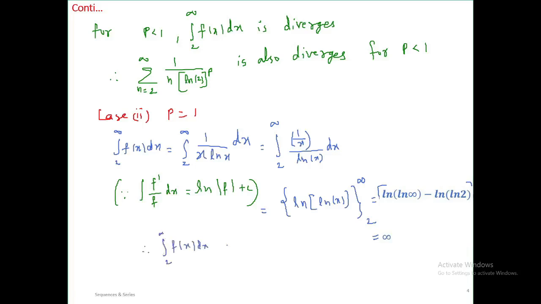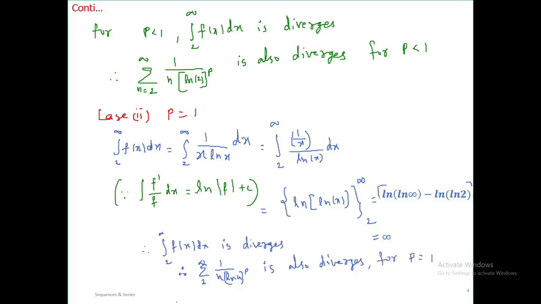The integration from 2 to infinity of f of x dx diverges. So therefore the corresponding series, 1 upon n into ln n whole power p, where n runs from 2 to infinity, also diverges for p equal to 1.